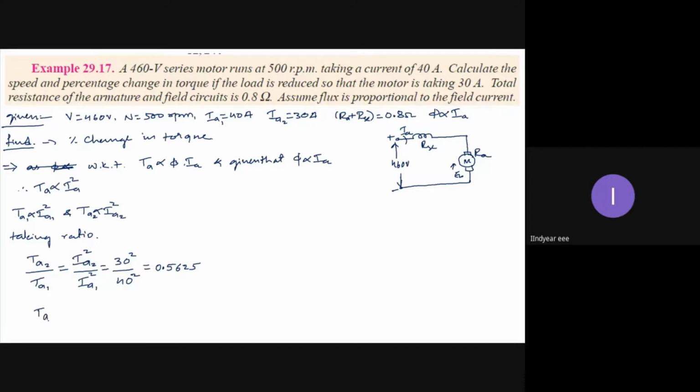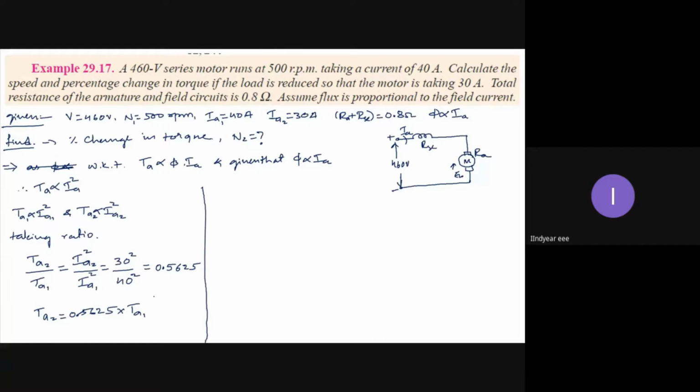So TA2 is equal to 0.5625 into TA1. We have to find the change in torque and speed also. So this is N1, N1 is 500 RPM.